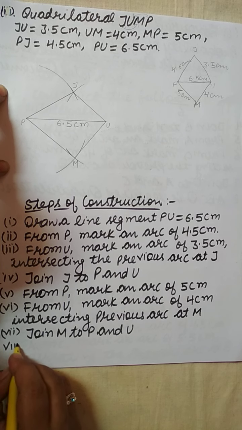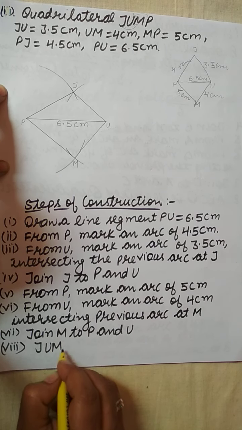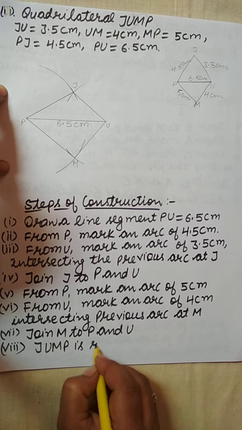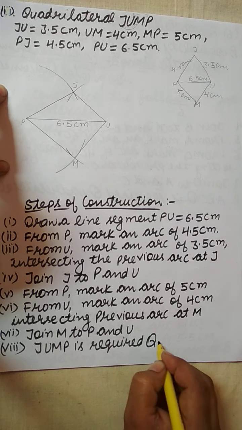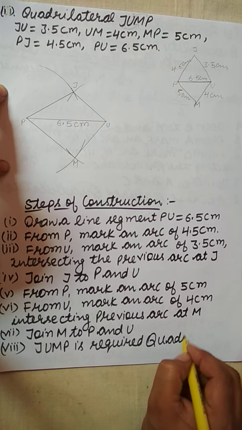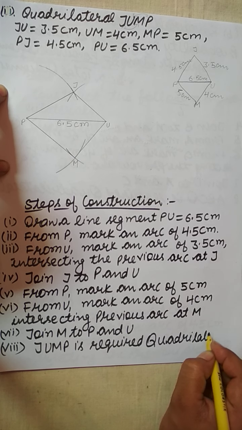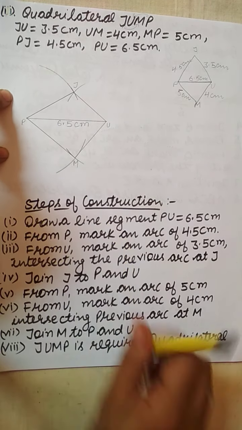And the last step of construction is JUMP is the required quadrilateral. So this is the required construction.